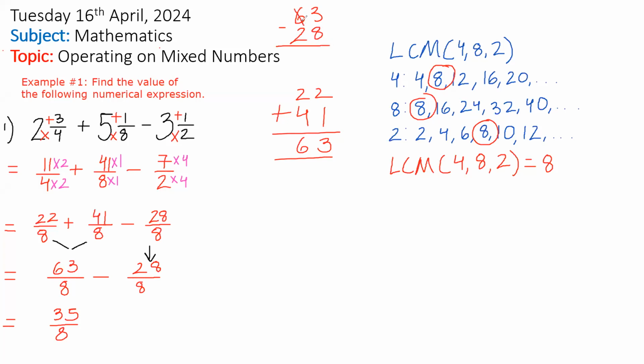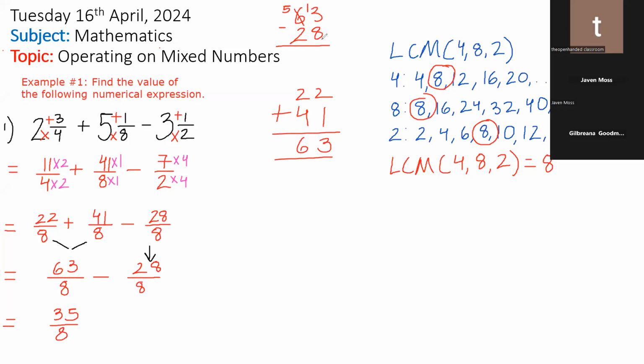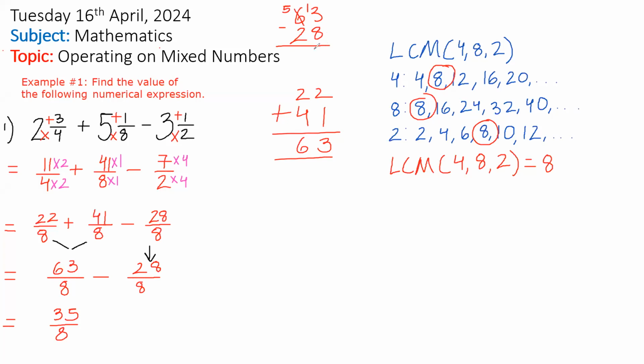We cancel out the 6, that gives us 5. And this becomes 13. 13 minus 8, that's going to be 5. And then 5 minus 2 is going to be 3. So it's going to be 35 there. And so we have 35 over 8. And so we're done, right?